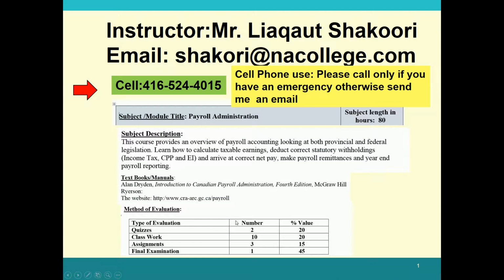Basically, the method of evaluation, as it was submitted to the ministry at the time of approval of this program, was 2 quizzes, classwork of 10, assignment 3, and 1 final examination. There may be a little change in how we conduct this.